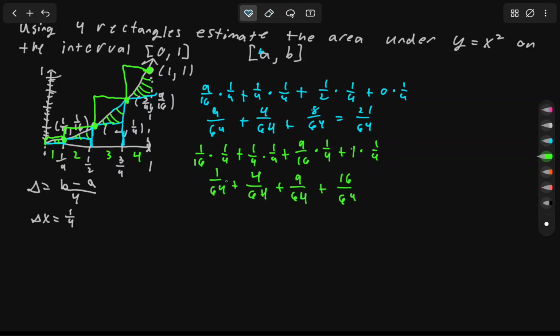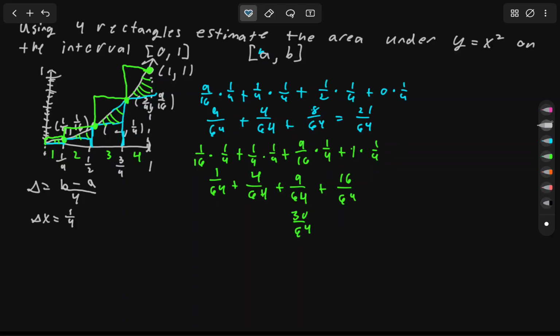So we get 1 plus 4 plus 9 plus 16. That looks like the sum of squares, which it should really look like that. So what we're going to get is 5, 14, 30/64.